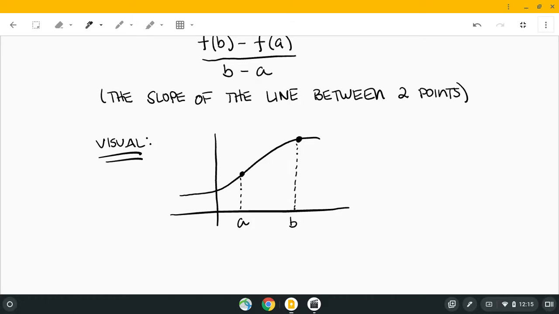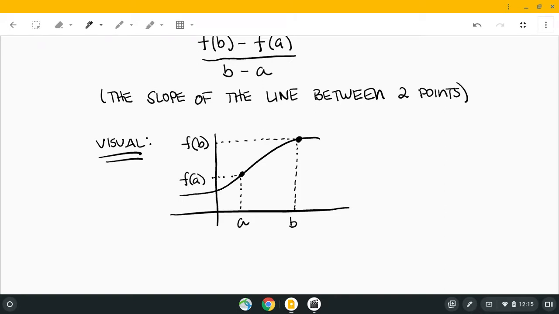These x values, A and B, both have y values. A has this y value, I'll call it f of A. And B has a y value as well, we'll call it f of B.